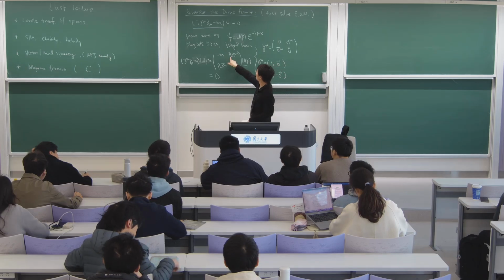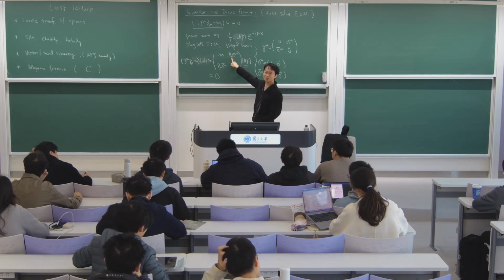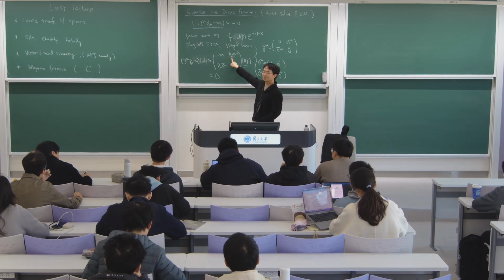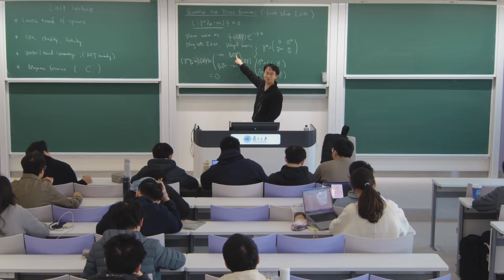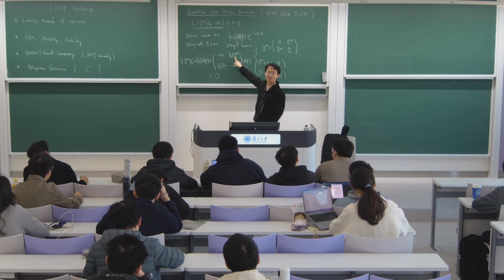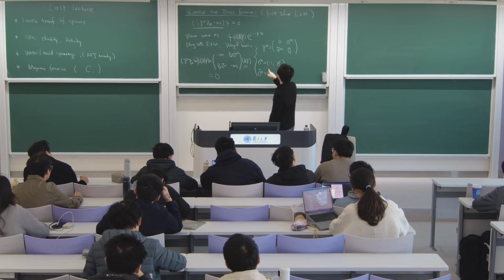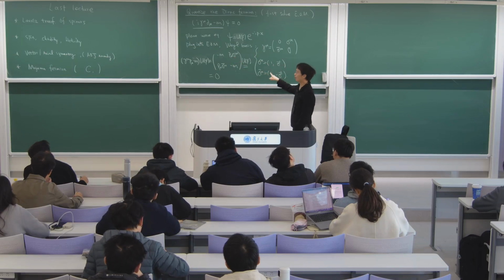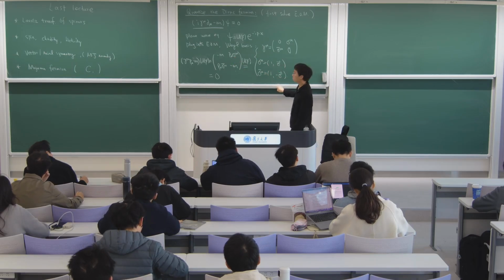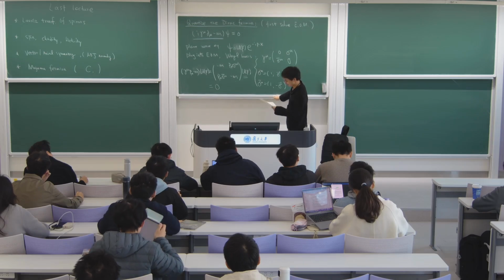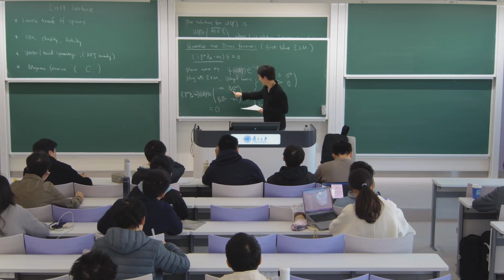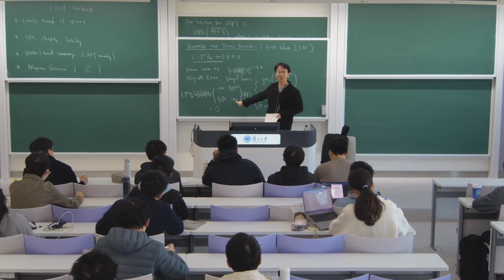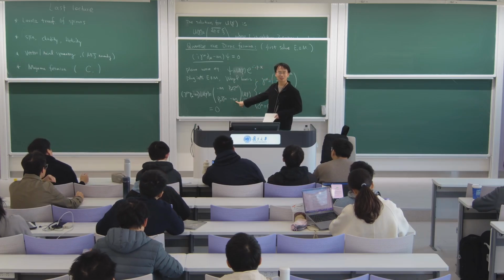Because only p^0 has a non-trivial value, the others are 0. So these two terms become p^0 times sigma 0, right? So what is sigma 0? Sigma 0 is 1. So what do you get? You get a minus m, and minus m. That's what you get.